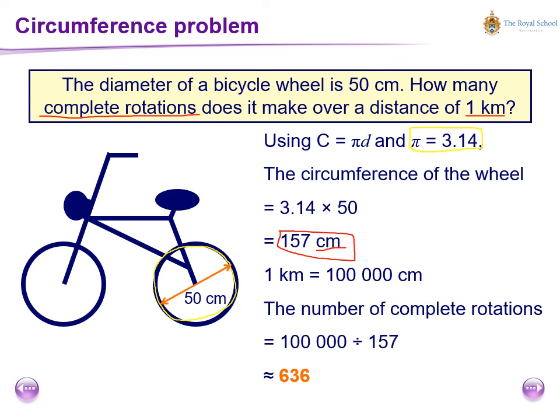So if we get 636 point something, then we're going to need to actually round it down because we only want the whole number part for complete rotations. So 100,000 divided by 157 does actually give us 636.9, but we can't use the 0.9 because we only want complete rotations. We're not rounding upwards here. So that's how we'd solve this practical aspect of the question.